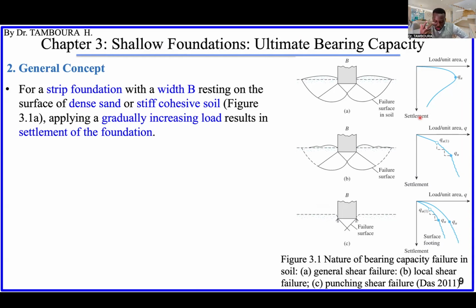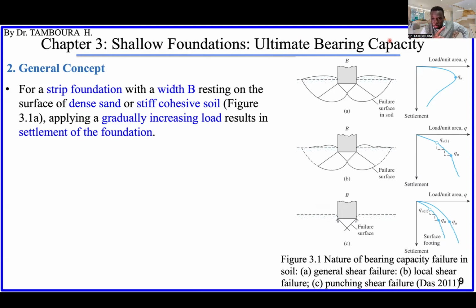So these are the two most important criteria of bearing capacity, as we explained, right? We put the load per unit area on the horizontal axis and the settlement on the vertical axis. You can see that sometimes the vertical axis is upward, but it doesn't matter.